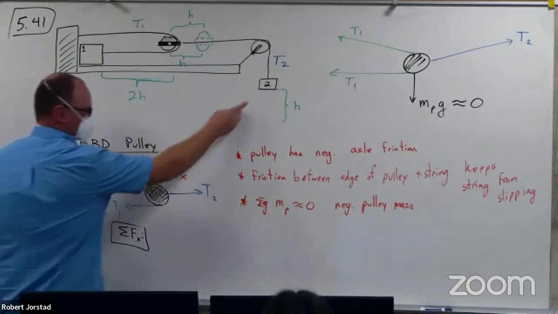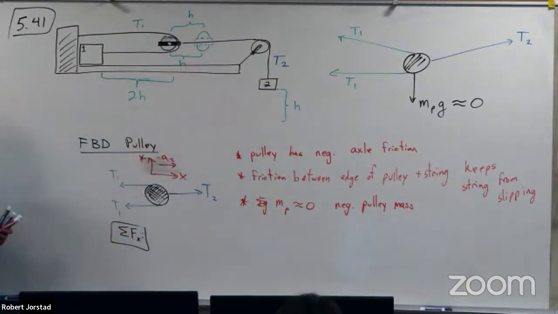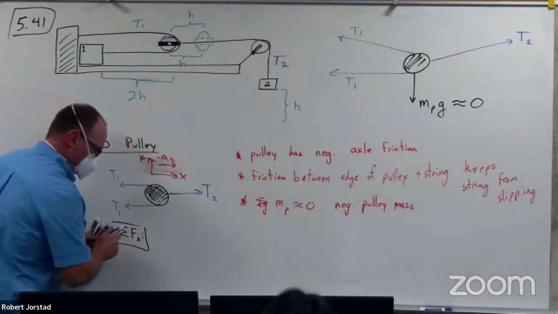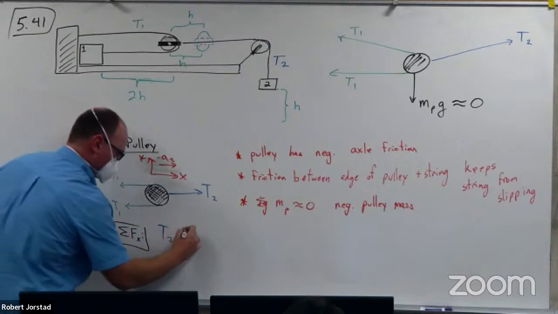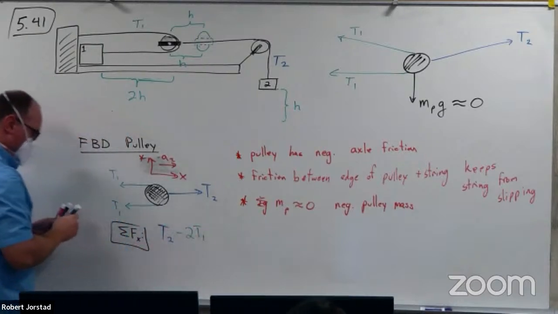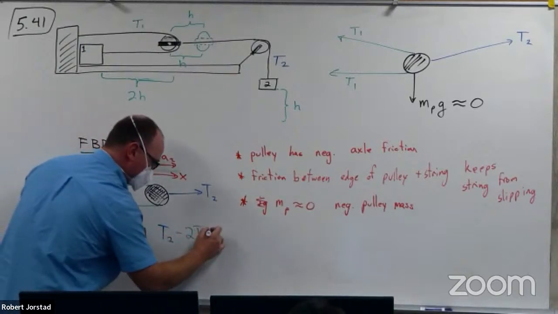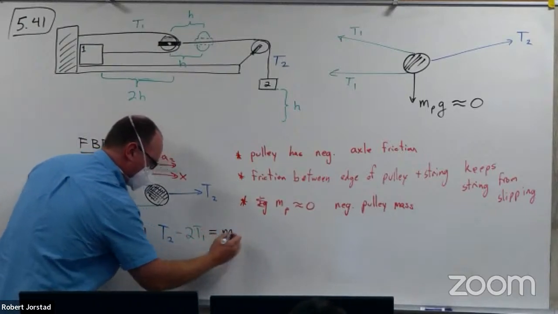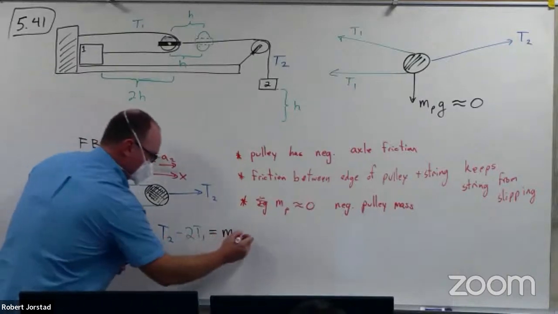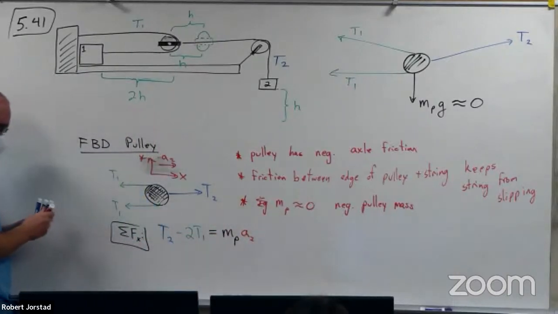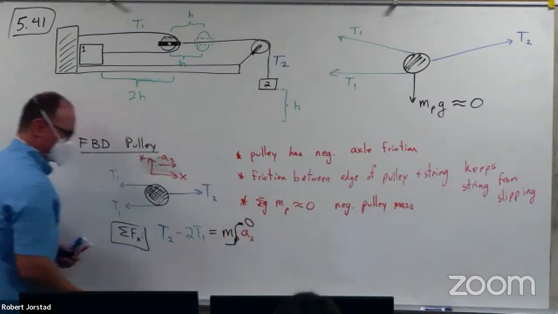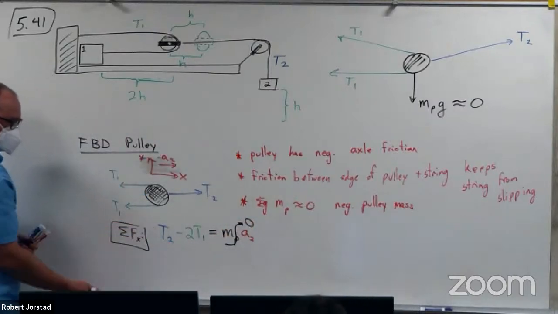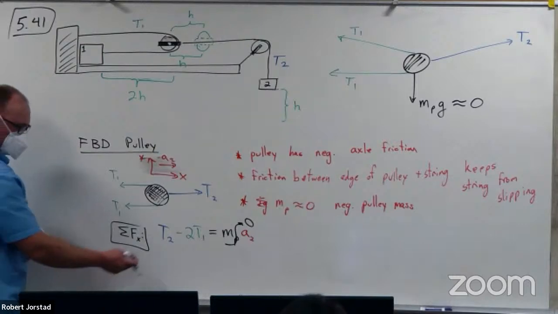If it's connected to block 2, it should have the same acceleration as block 2. In this case, I just wanted to point out, we get T2 minus 2T1 equals mass of the pulley times a2. But if mass of the pulley is approximately 0, this tension is twice as big as that tension.